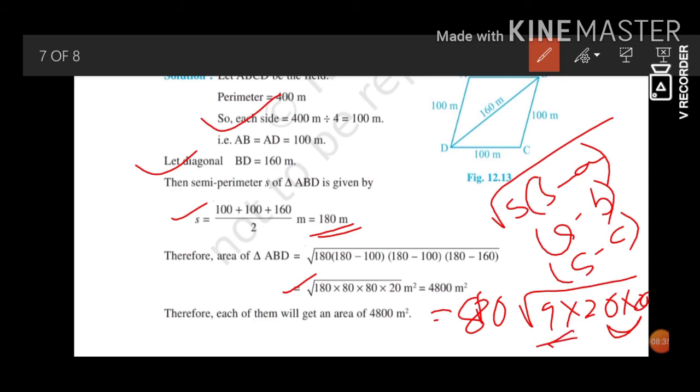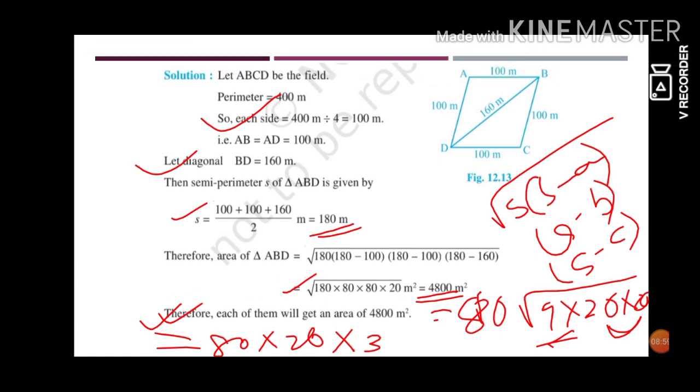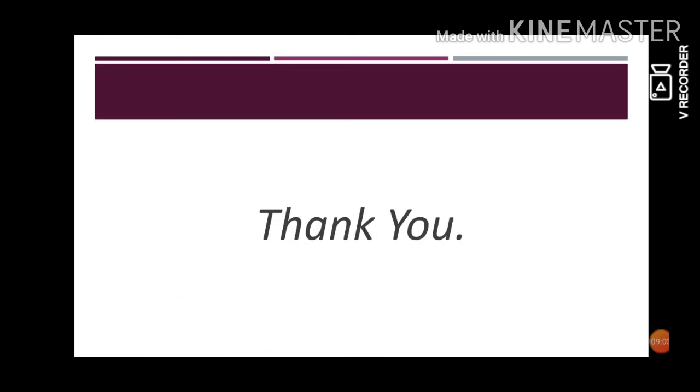So together we will get 80 into 20 into 3, which is equal to 4800 meters square, which is the area of ABD as well as BCD. Therefore, each of them will get an area of 4800 meters square. So this is how example number 3 is done.